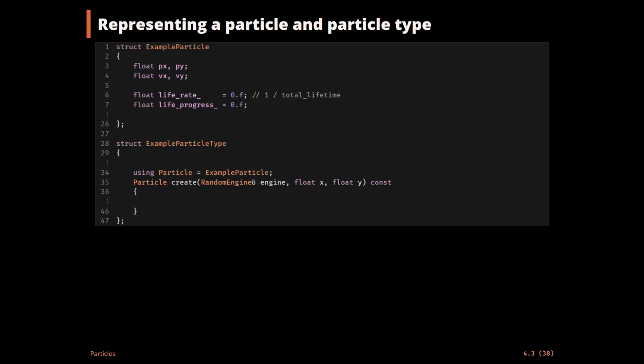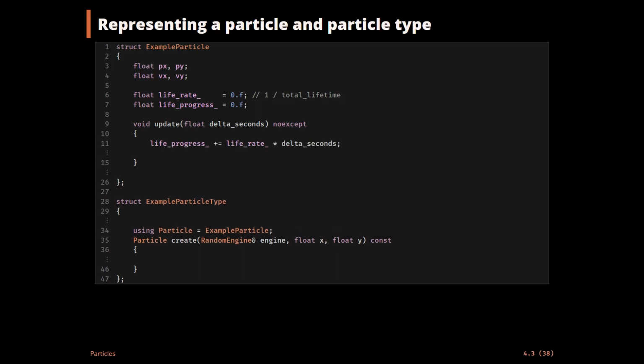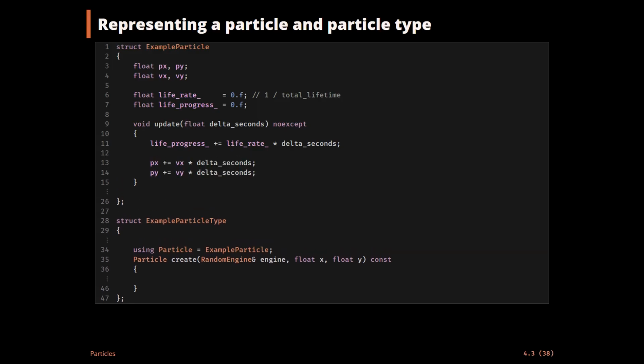Life progress will basically be 0 when it just spawned, and 1 when it's dying, almost dead. Then it has an update function, which takes the delta seconds, and it does life progress plus equals life rate times delta seconds, and then position plus the velocity times the seconds that passed. Basic moving stuff around based on velocity.